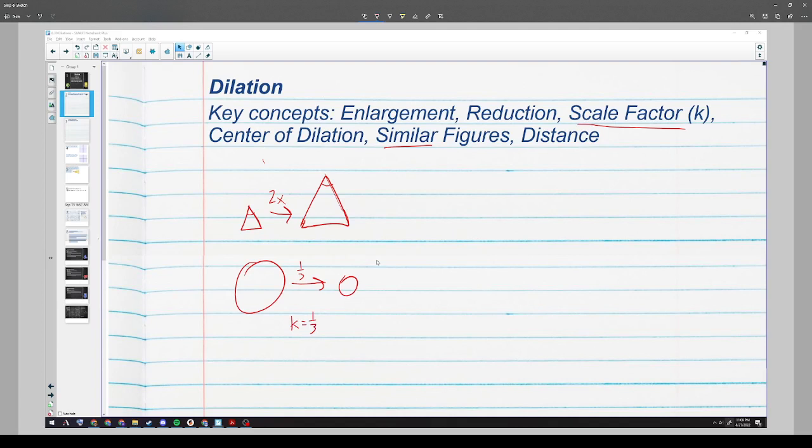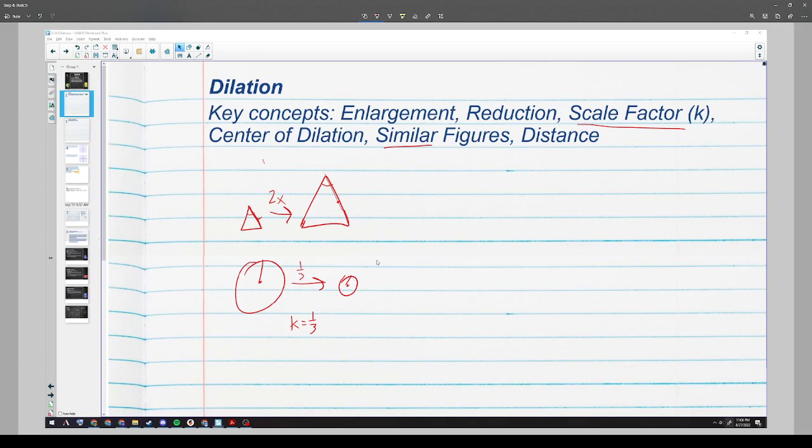So we said all the sides were proportional, and that k value tells us what we would multiply the original shape by to get this corresponding side of the new shape. So here we would multiply this length by 2. Here we would multiply our radius of the circle by 1/3 in order to change that shape. So the original shape times k gives us the new shape. So again, all old stuff.